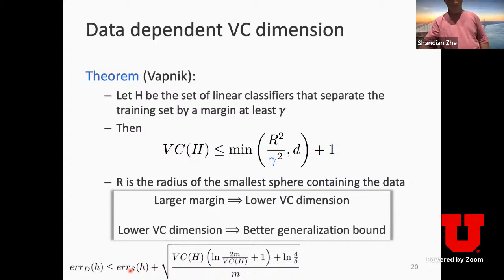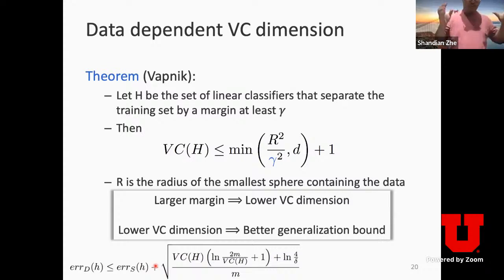That motivates the design of our learning algorithm. We want to learn a linear classifier which has a generalization error bound as small as possible. This is called the structural risk minimization principle.